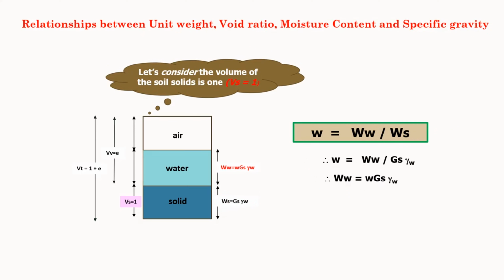And now we work out the weight of water. We know that water content is equal to weight of water divided by weight of solid. From the previous derivation, we already know that weight of solid is equal to specific gravity times unit weight of water. Thus, weight of water is now equal to water content times specific gravity times unit weight of water.